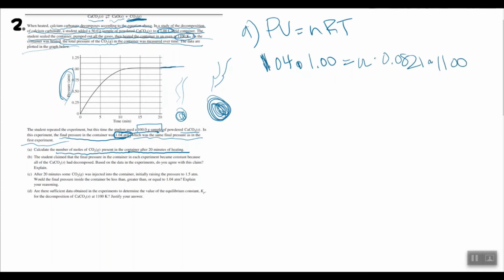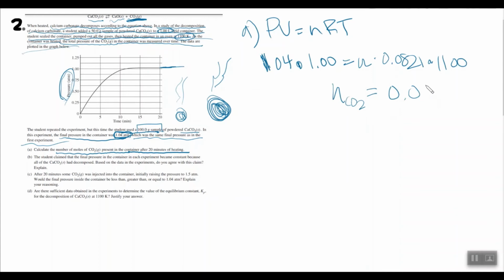And doing the math, 1.04 times 1 divided by 0.0821 divided by 1100 gives us that our n, or the number of moles of carbon dioxide gas, turns out to be around 0.0, let's see, how many sig figs do I want?